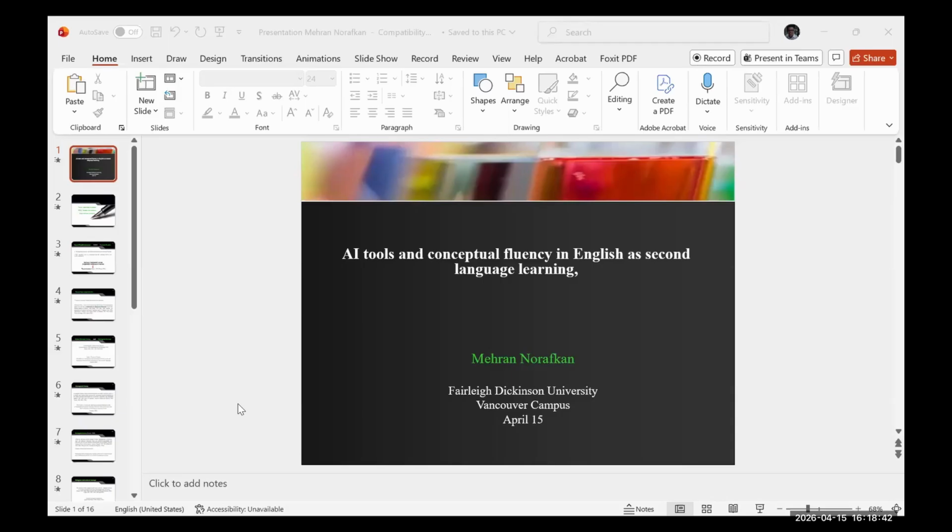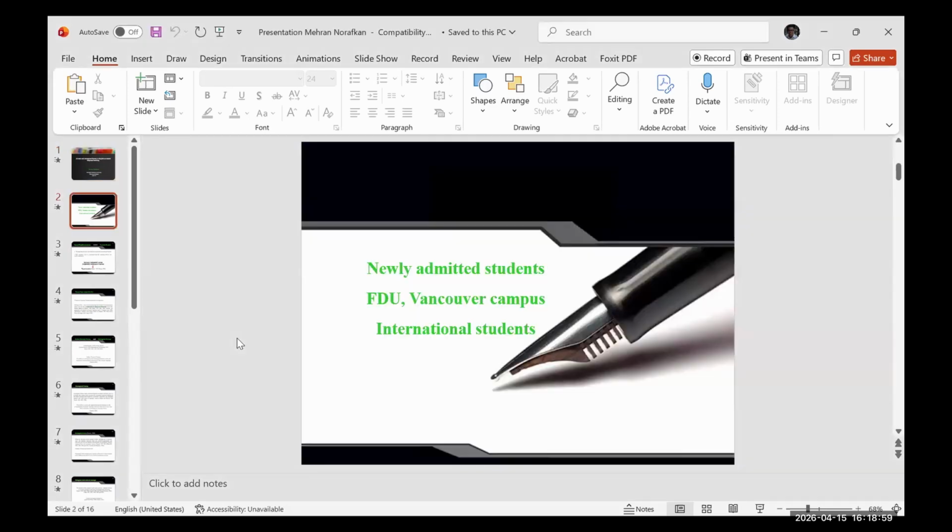Okay, so the title of this study is AI Tools and Conceptual Fluency in English as a Second Language Learning. The focus of the study is on the FDU Vancouver campus. The newly admitted students on the Vancouver campus are mostly international students.